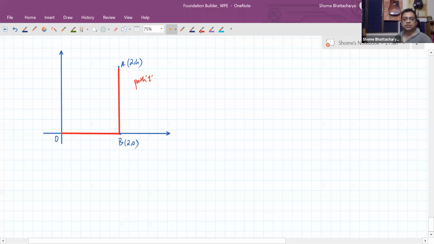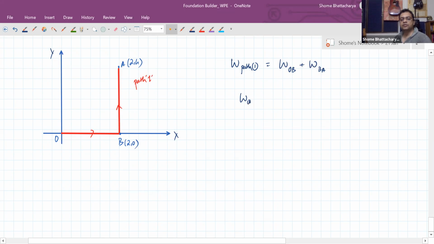For this journey by path 1, we will first calculate the work done in going from the origin to the point B, and then from the point B to the point A. So work done by path 1 is the work done from O to B plus the work done from B to A.